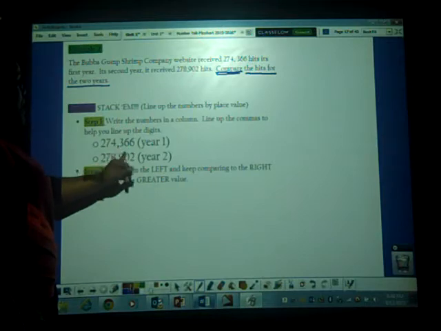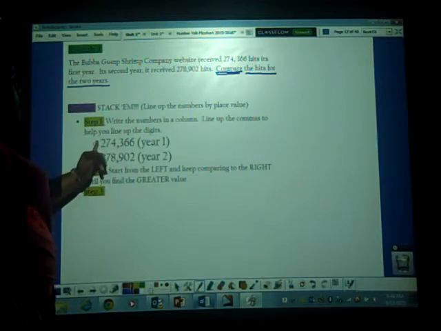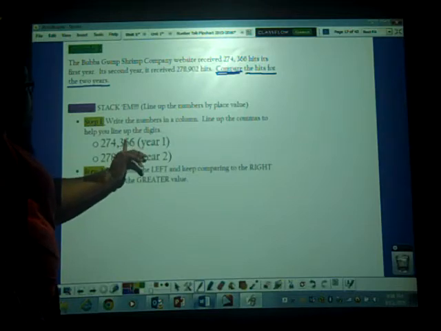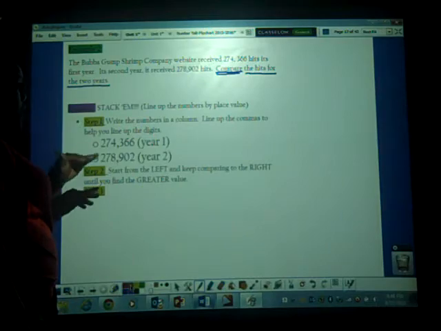This one has 6 digits and this one has 6 digits. So there are 6 place values that are used to create these two numbers, okay? So now we're going to stack them and see which one has the largest place value.